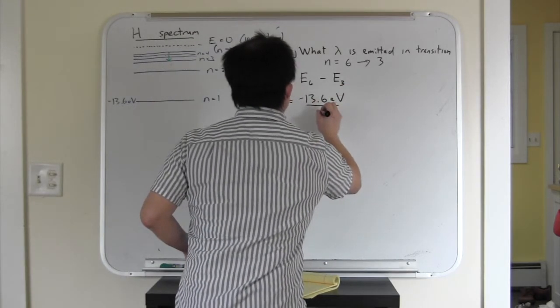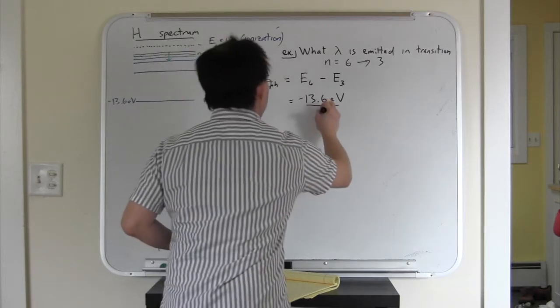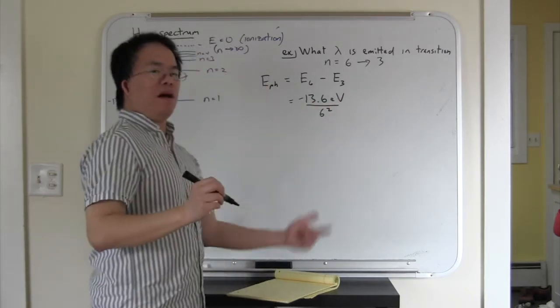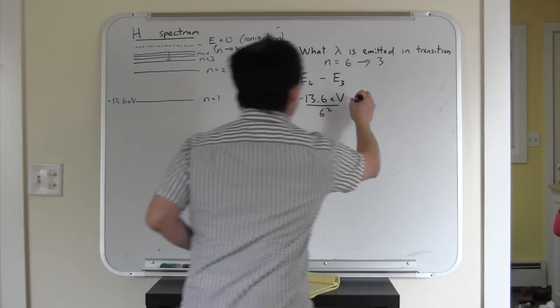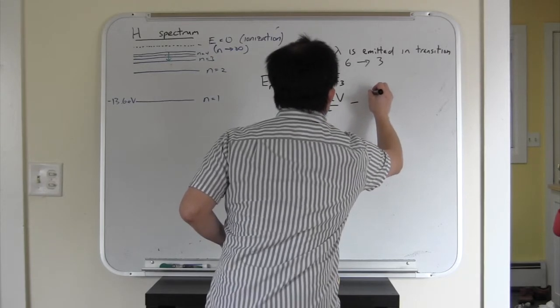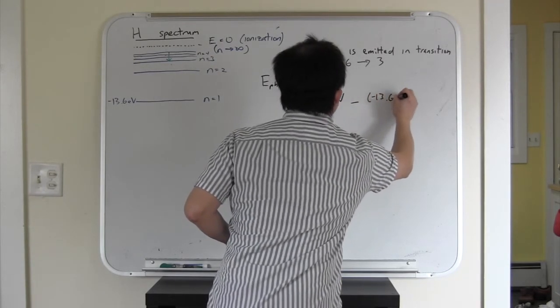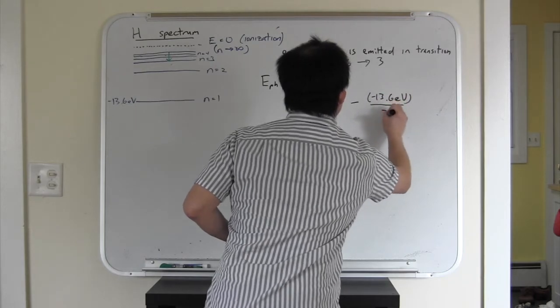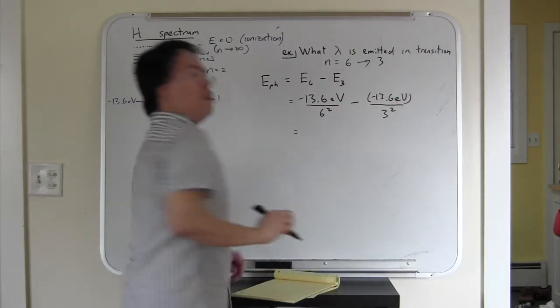So it goes like n squared, so we have 6 squared here. Then we have a minus, so minus 13.6 eV over 3 squared.